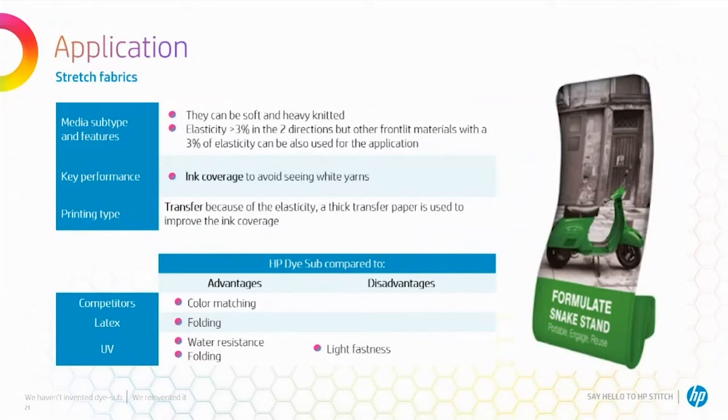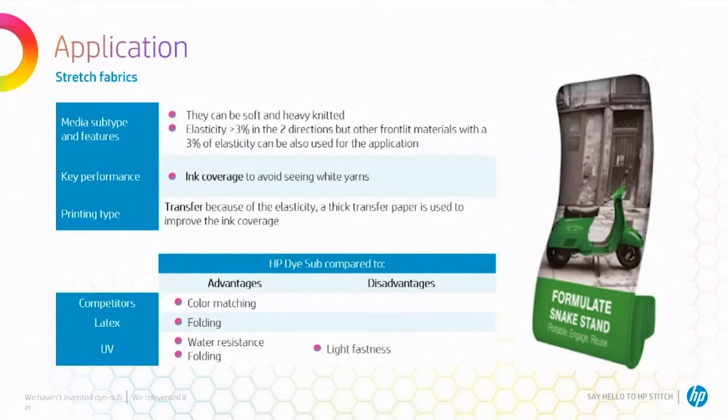Key performance, your ink coverage. What you want to know here is when you stretch the material, we have something called grinning. Anything that's not sublimated under the top layer, when you pull or stretch that material out, you're going to see white. That's what we call grinning.